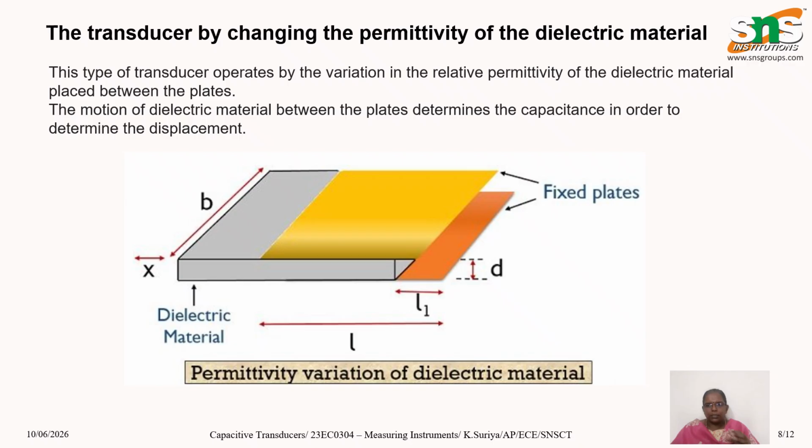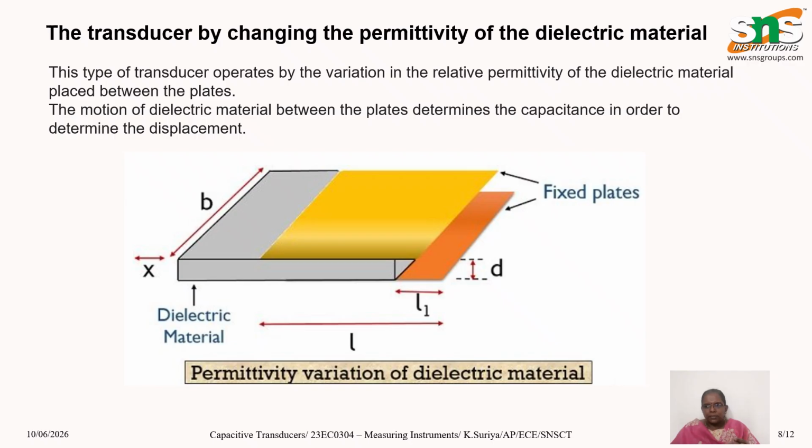Another method of achieving the capacitance variation is by changing the dielectric material between the capacitor plates. In this type of transducer, the dielectric material moves between the plates or its properties change.